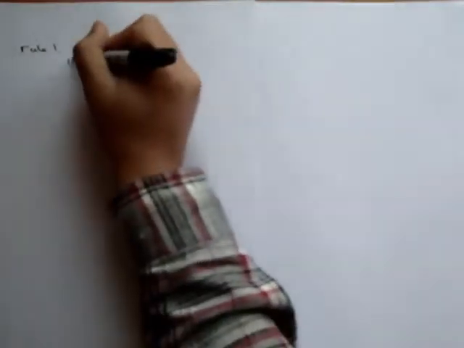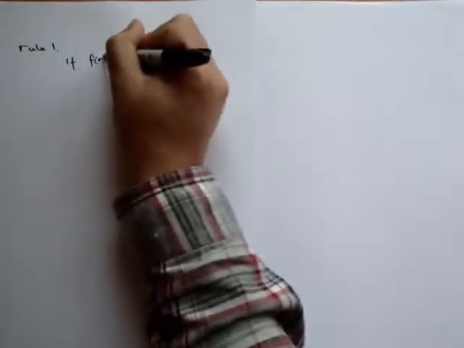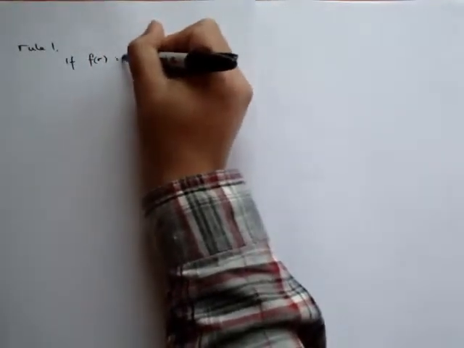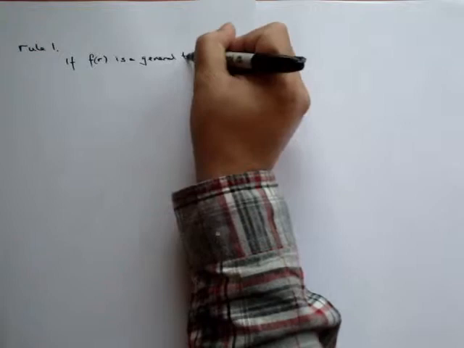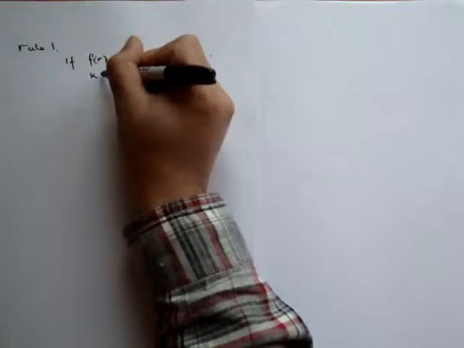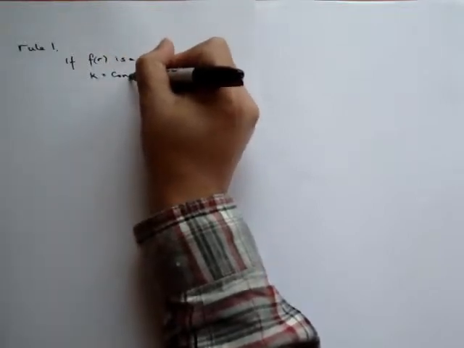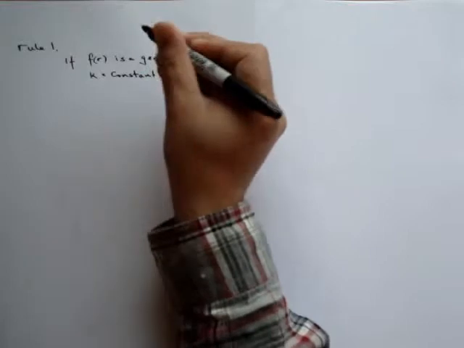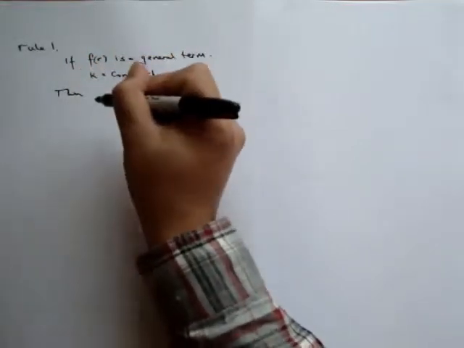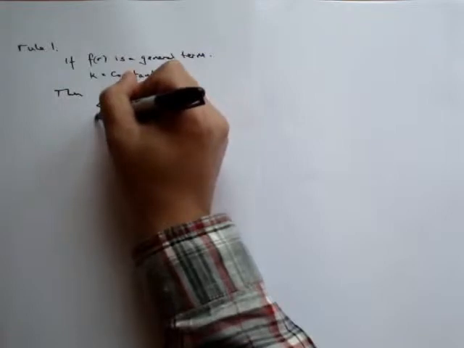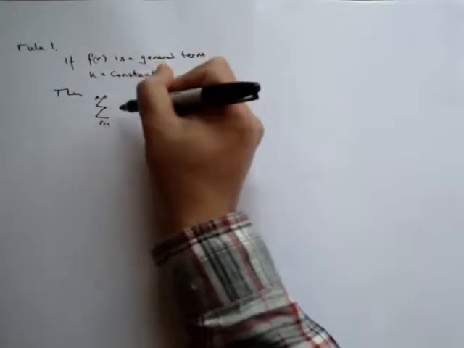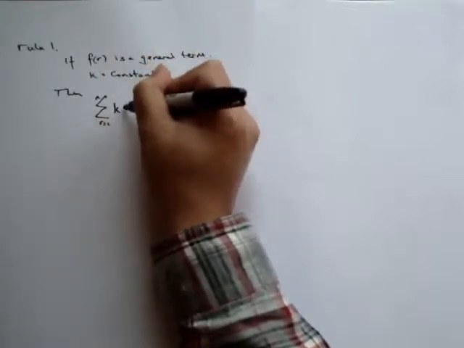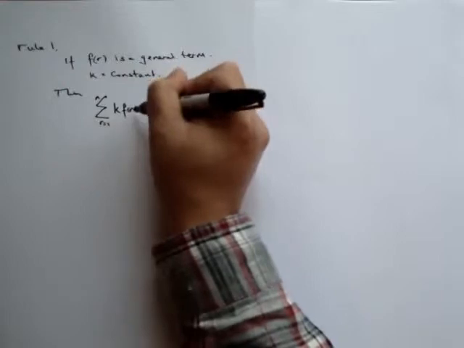If we have f of r as a general term, and k is a constant, then we write the sum of r from 1 to n, the constant k, and then the general term f of r.